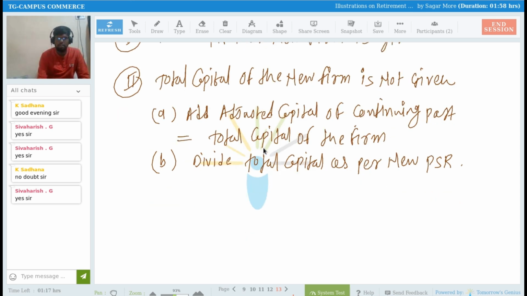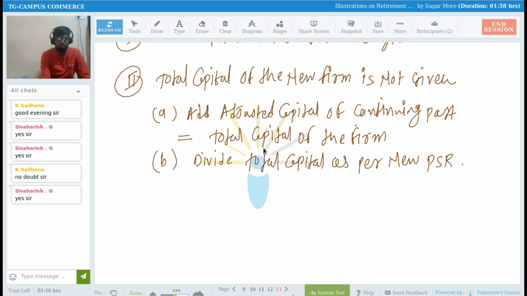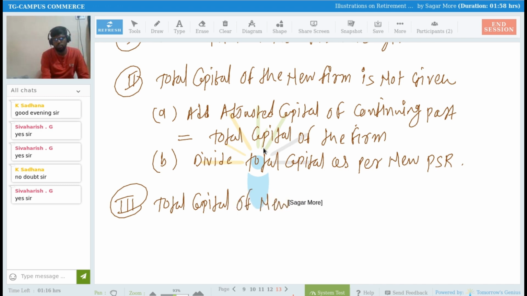Then, so we understood case number 3. What was case number 3? So in case number 3, total capital of new firm is not given, sir.